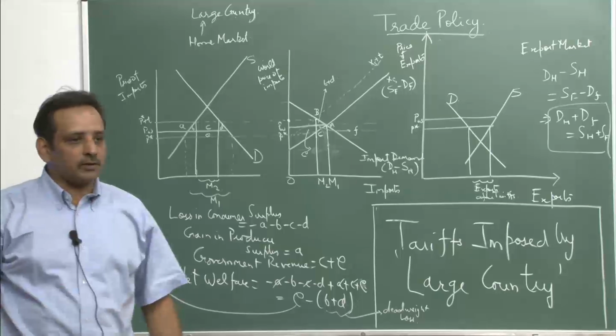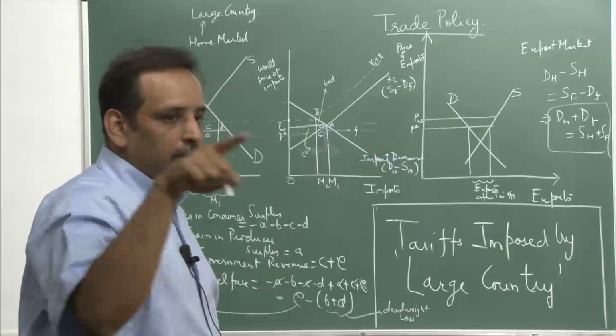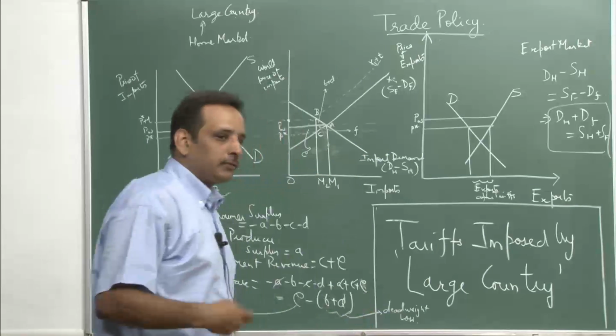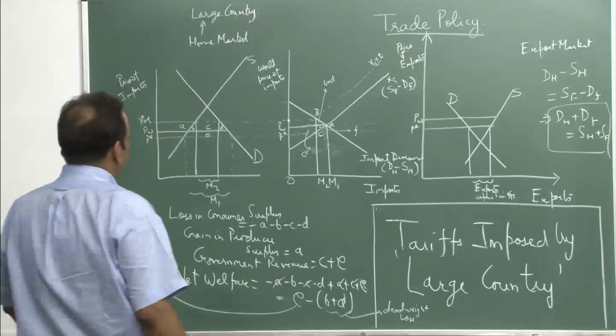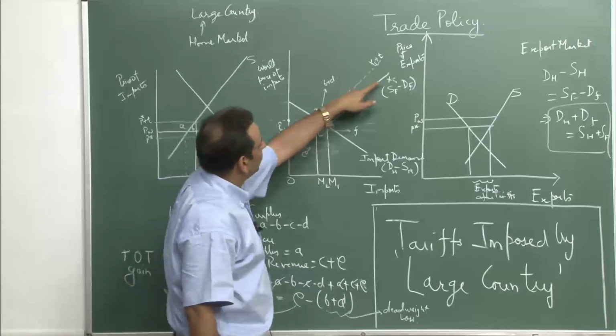So, the export supply curve that it faces is not horizontal as we had seen the case when tariffs were imposed by the small country. The export supply curve that it faces, that is the large country, is upward slope.